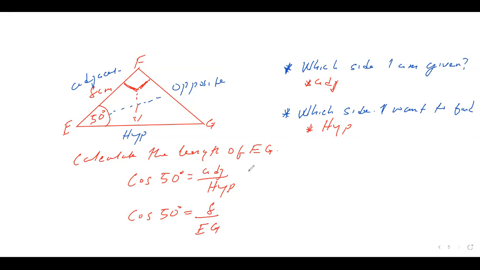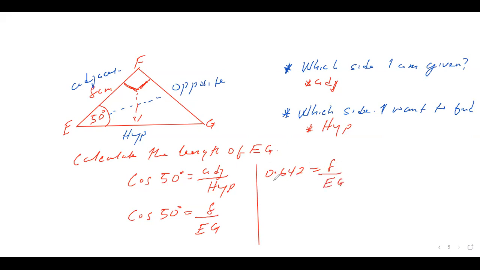Then I want to find EG. Can somebody tell me what is cos of 50 degrees to 3 decimal places, please? 0.642 is equal to 8 over EG.